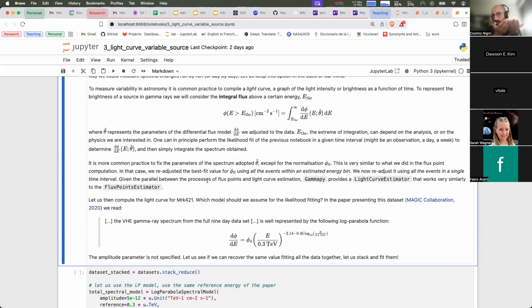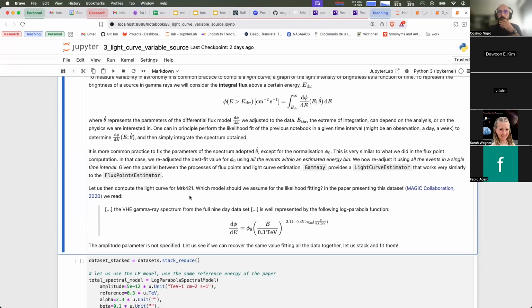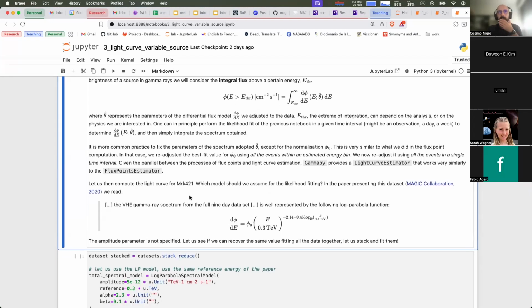The light curve estimator does the same, but for events that fall within a given time bin, okay? Because we want to estimate flux versus time. So it will perform the likelihood fit bin by bin in time, okay? So we define some predefined time bins for our light curve, and the light curve estimator will do this process.